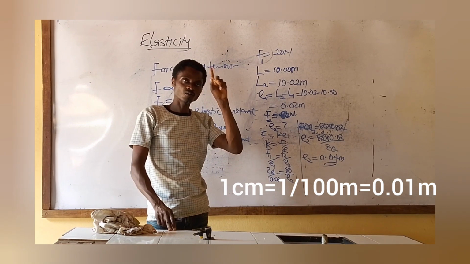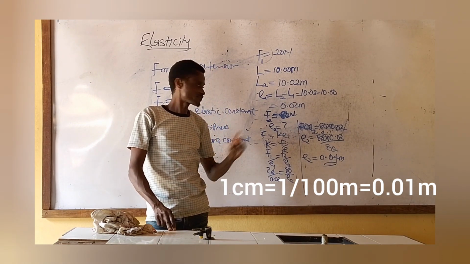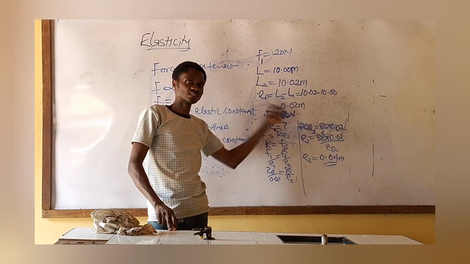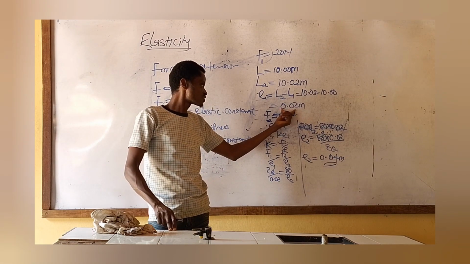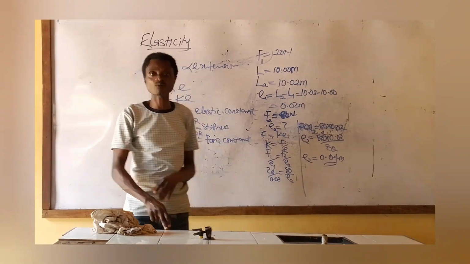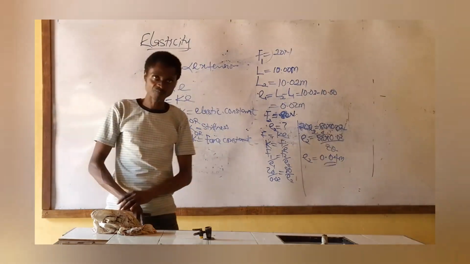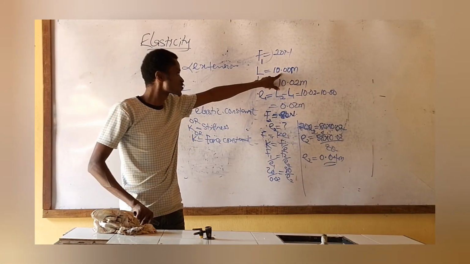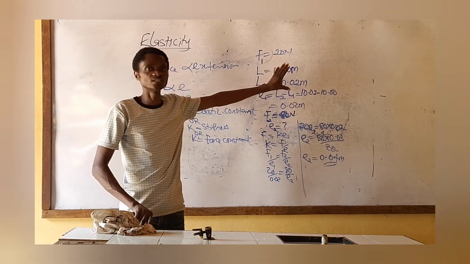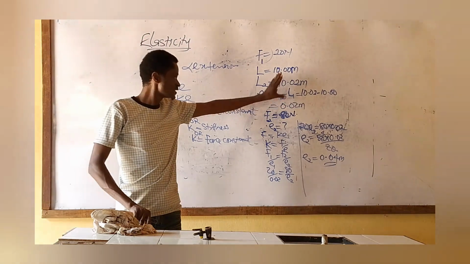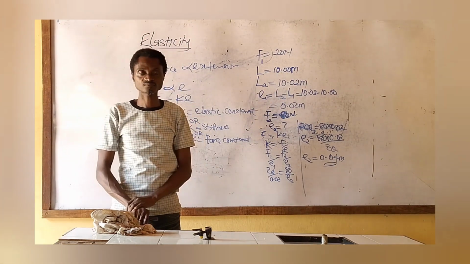Centi is 1 over 100. That means you divide this by 100. Centimeter is 1 over 100 meter. So if you divide this by 100, you will get the answer converted to meter. That is if this was in centimeter. But now we are using meter, so it's going to be as it is.